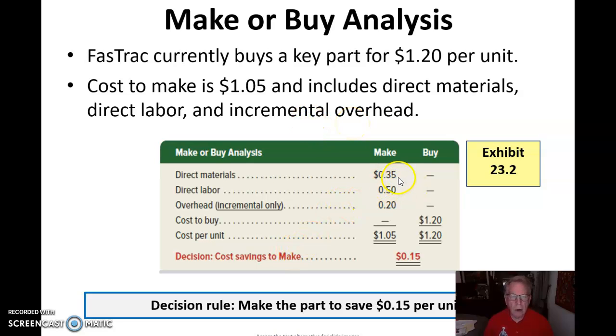So here we're talking about 35 cents for direct materials, 50 cents for direct labor, and some incremental overhead of 20 cents. So the cost to make this little beauty is $1.05, but if we buy it on the outside, it's $1.20. So clearly we're going to make this in-house, assuming we have capacity, because we're going to save 15 cents a unit.